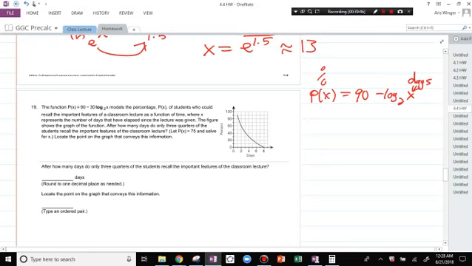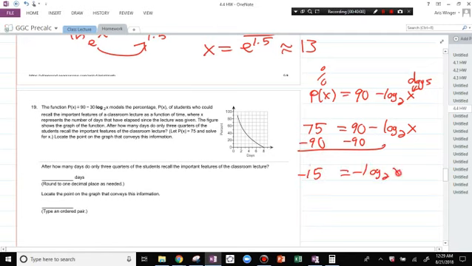After how many days do only 3/4 of the students recall the important features? So 3/4 is 75%, and you're solving here. We'll subtract 90 on both sides. Minus 15 equals minus log base 2 of x. We'll drop the minuses on both sides.